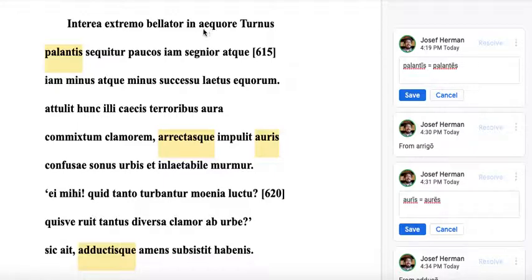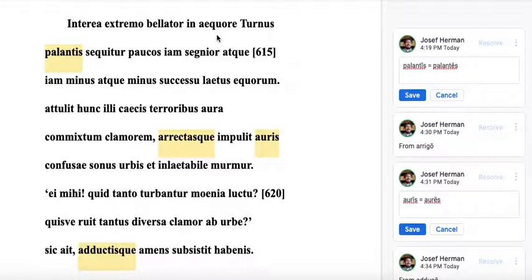Okay, so Turnus is in extremo aequore, on the edge of the plain. And you can tell that these words go together because in takes ablative, unless it means into, and here you can see extremo and aequore are both ablative singular.